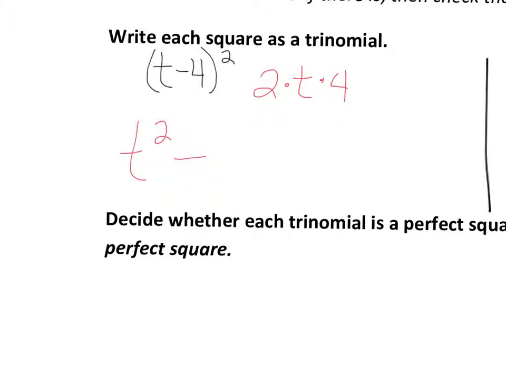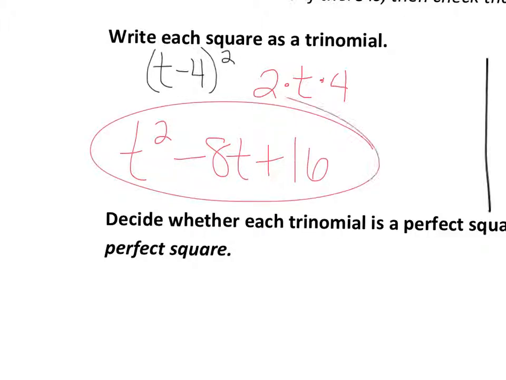Okay, well 2 times t times 4 gives me 8t. And your last term today is always going to be a positive number. If you, for some reason, end up with a negative number, we need to go back and look at it. It will always be a positive number. And I'm going to square my b, or square 4, and I get 16. So instead of foiling or using the box method, I can multiply squares of binomials really easily.